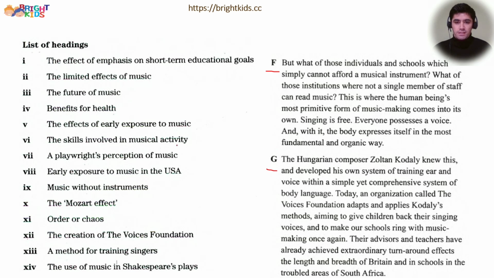So before we start dealing with these two paragraphs, let's cross out the answers we've already chosen. It was this heading, a playwright's perception of music, and this one was also given in the example, order or chaos.